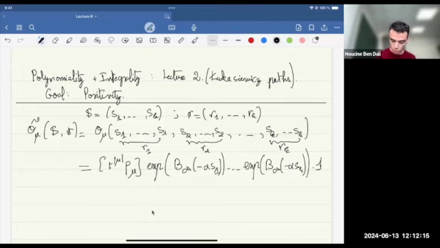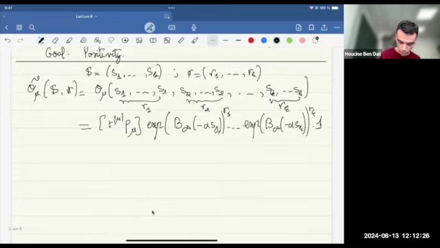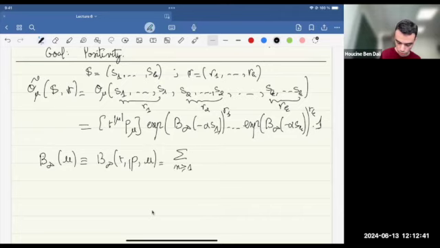But since we took R1 copies of S1, we have here the power R1 and here the power RK. This depends on the parameter T, the variables P and the variable U, and it is the sum of minus T to the power n divided by n.